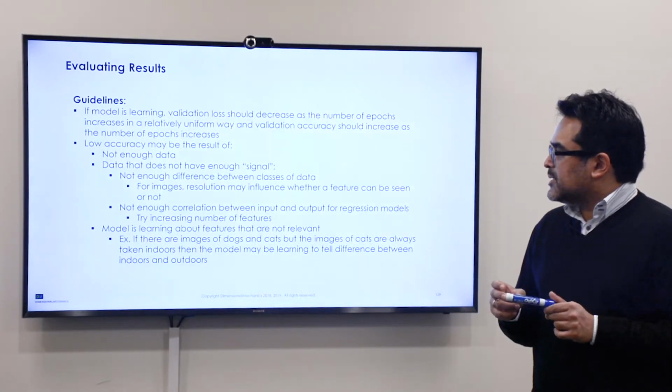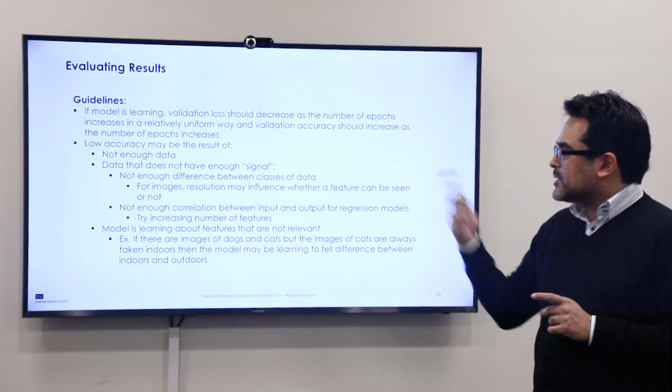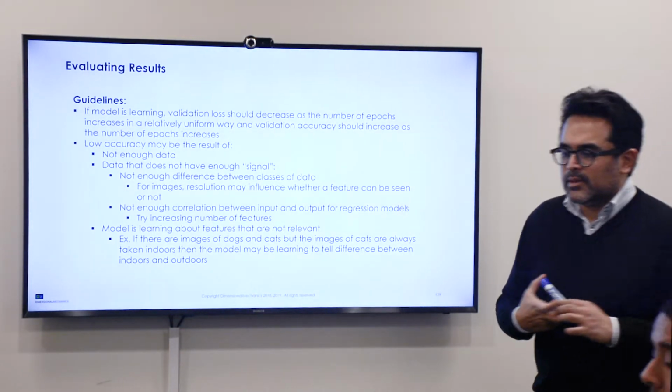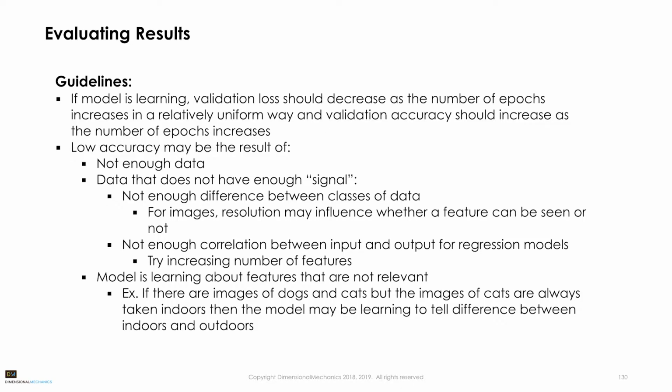The other thing is that resolution can impact how strong a signal there is. If you do a convolutional neural network and you reduce the images to a really small size, you could be losing enough detail that it's no longer able to pick up the differences. Typically, when you train a network, you can't train on a megabyte-sized image, simply because you don't have enough memory on the system.